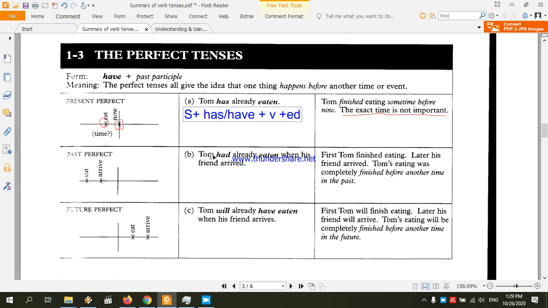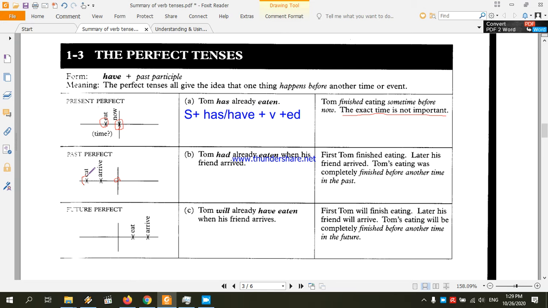So, for example, Tom had already eaten when his friends arrived. So, let me get the pencil. Alright. So, this is now. I'm talking about something that happened yesterday or last week. And I'm saying Tom had already eaten when his friends arrived.